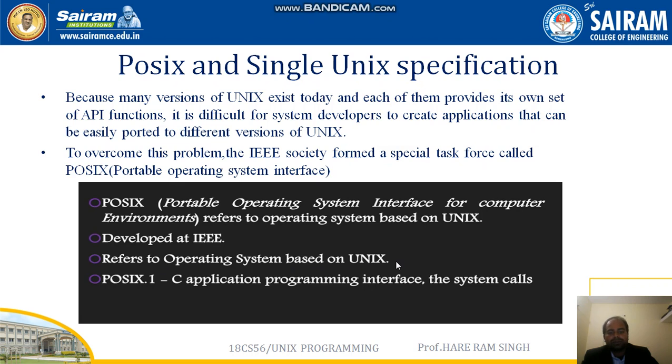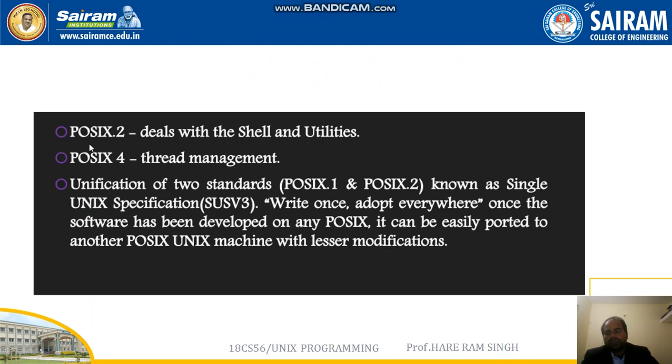POSIX.1 covers the C application programming interface, the system calls. POSIX.2 deals with the shell and utilities. POSIX.4 deals, apart from those features, with thread management. The unification of two standards, POSIX.1 and POSIX.2, is known as the single Unix specification.